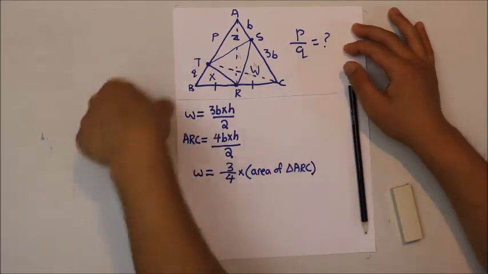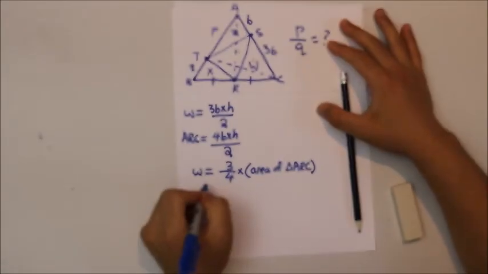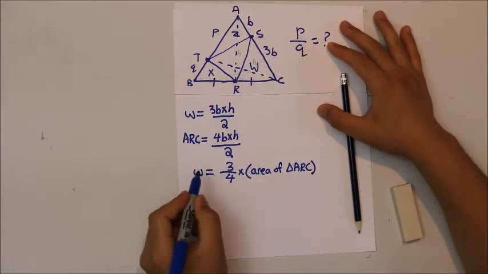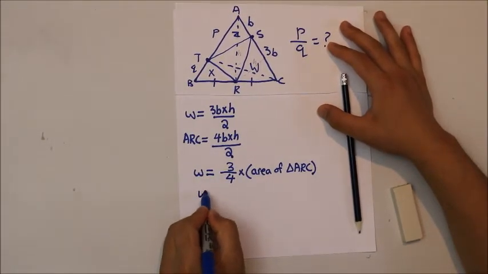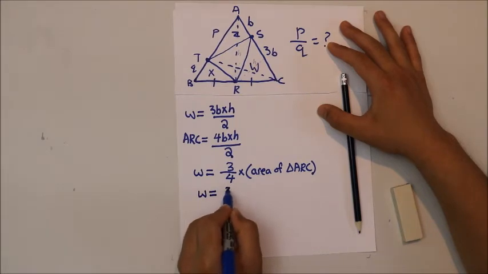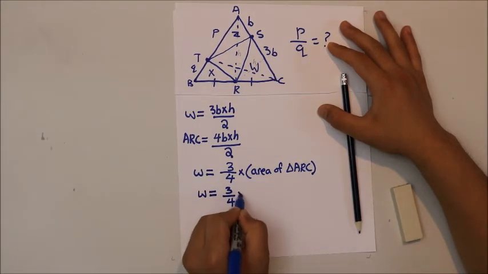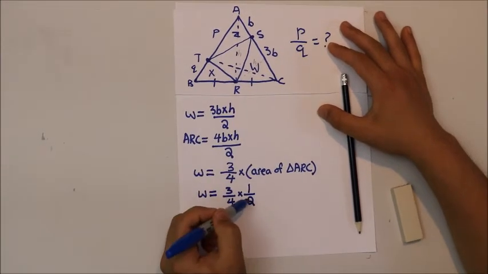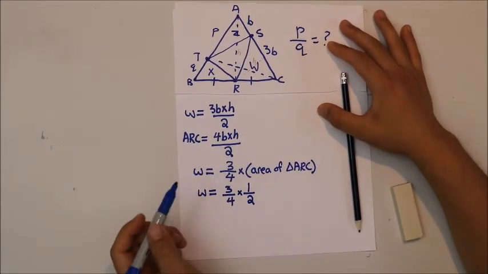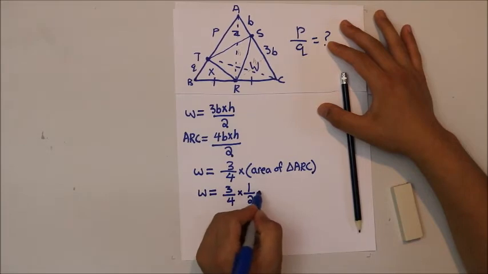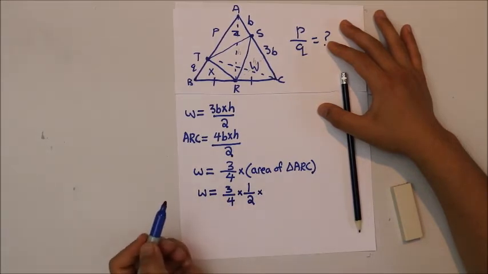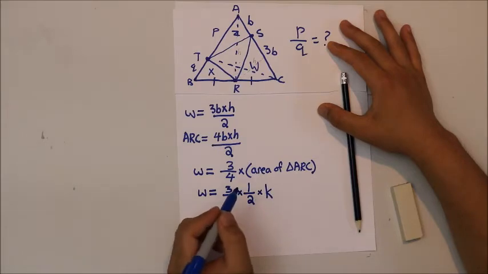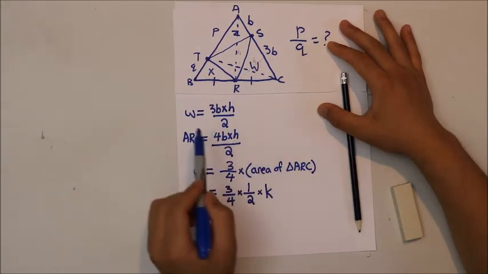So when we write W in terms of triangle ABC, we can write it as W is equal to 3/4 times 1/2, because triangle ARC is 1/2 that of ABC, and then we multiply by K. We are using K to represent the total area of triangle ABC.